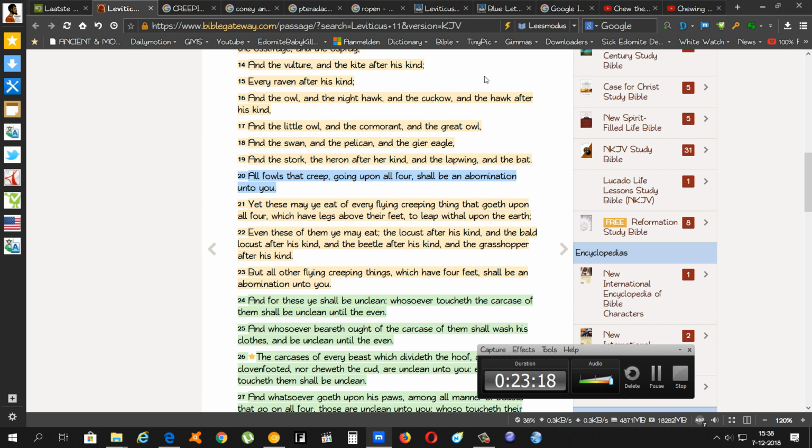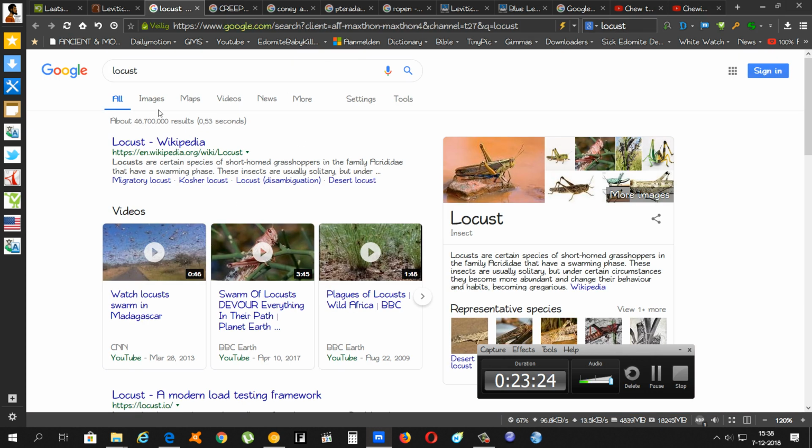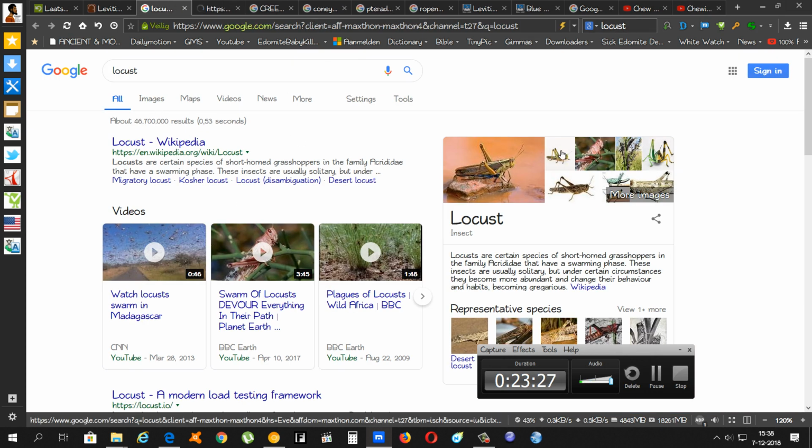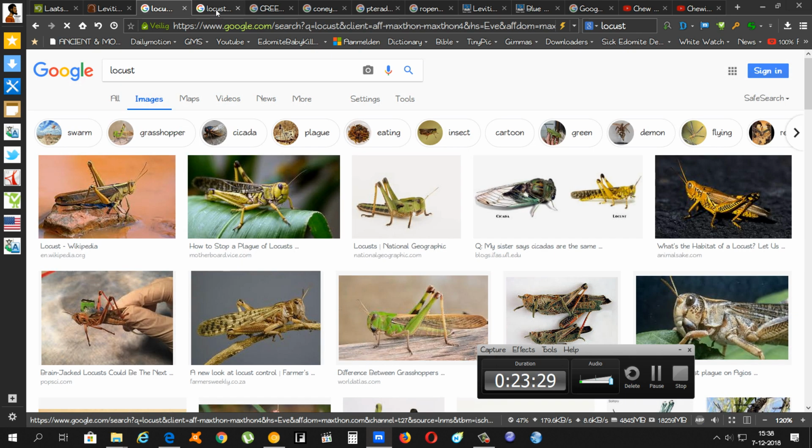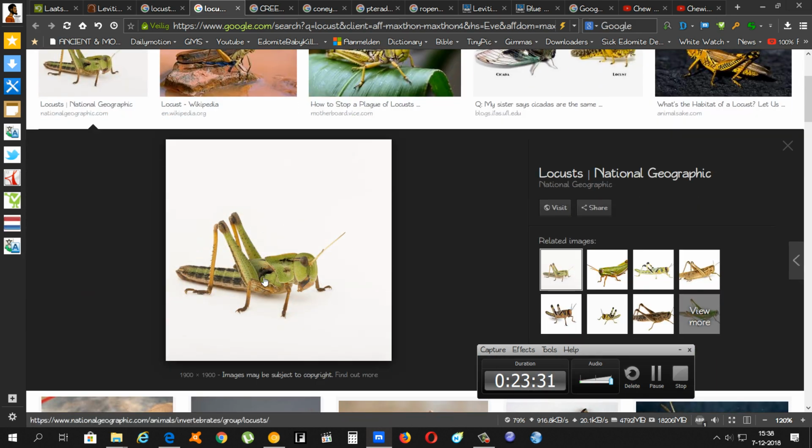Right, legs above their feet. That's these animals. I mean, these insects. Look at one right here. Which is this one. He has legs above his feet. The little tiny feet. The legs above it.